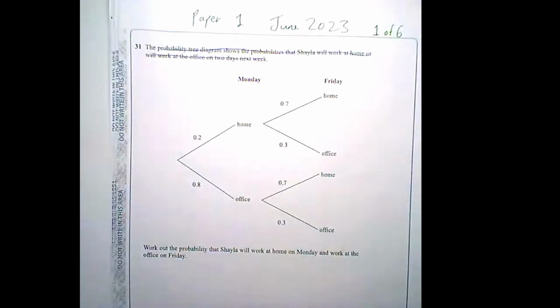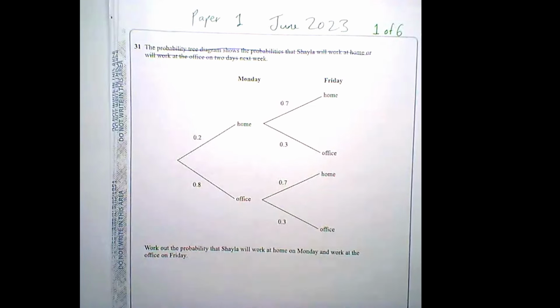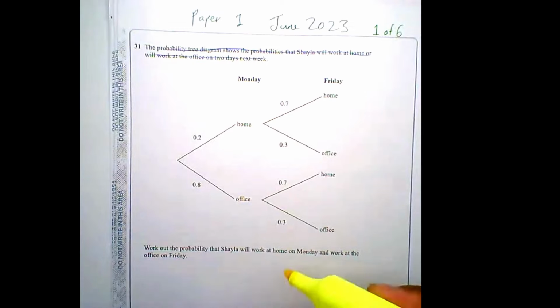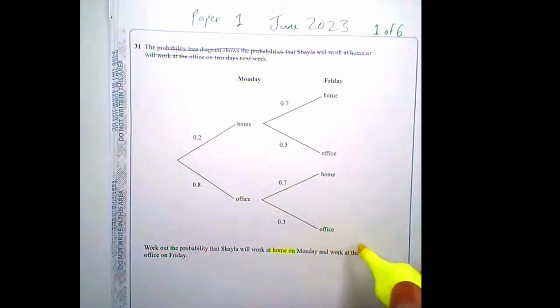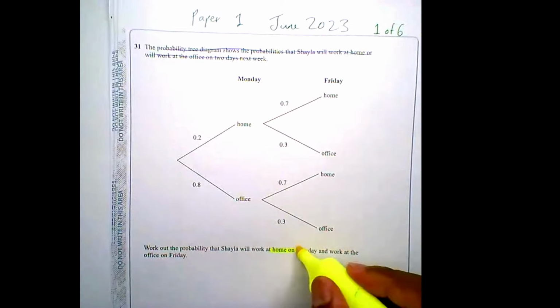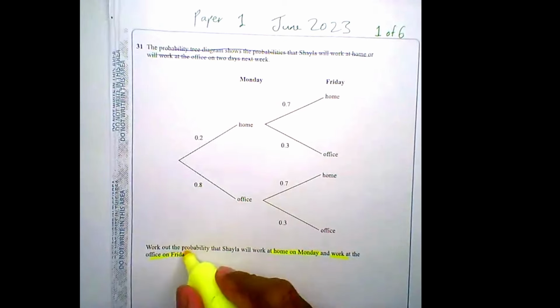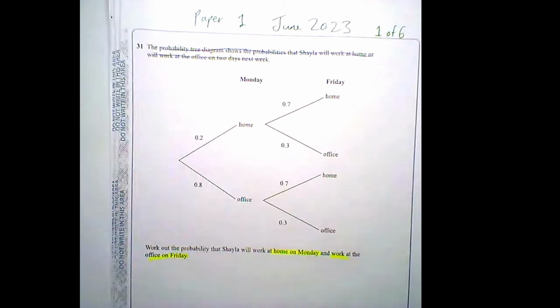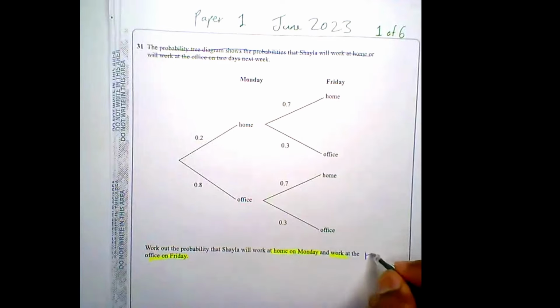Really what I'm focusing on is this sentence: work out the probability that Shayla will work at home on Monday and work at the office on Friday. So we are looking at home and office.